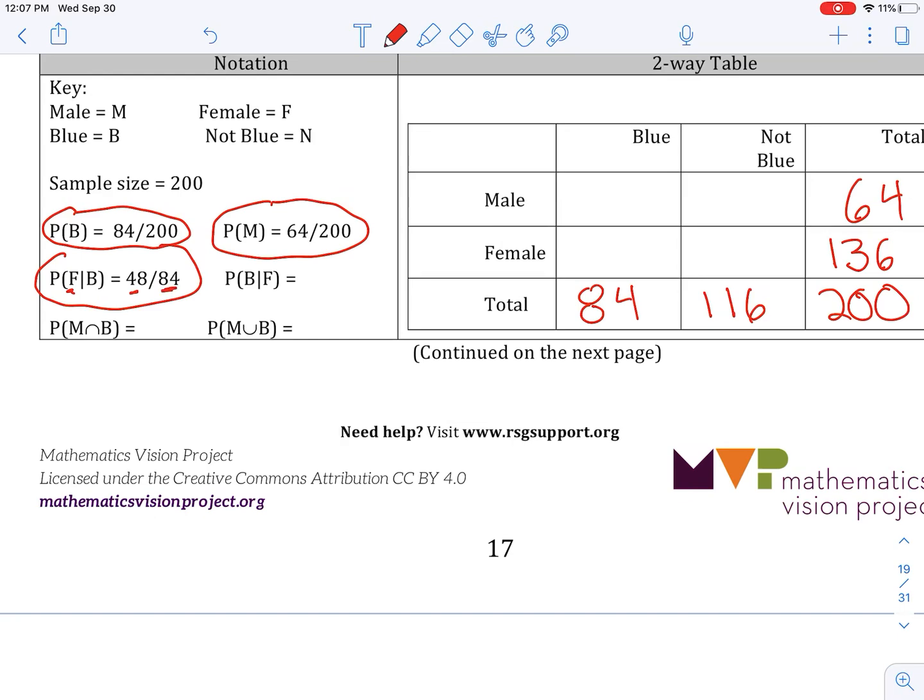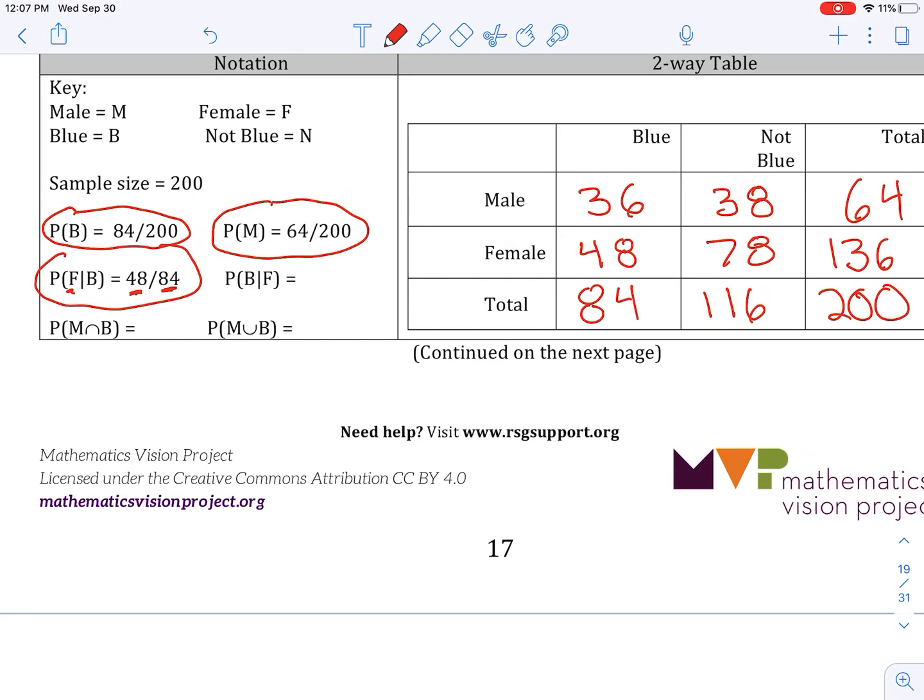So out of all the people that like blue, 48 are female. So that's going to give me 48. And then it has to add to 84, remember? So that will be 36. And then I can figure out my other numbers too just using subtraction, and I think that you guys are getting that by now. So I'm just going to go ahead and write that in. This is 38 and this is 78.